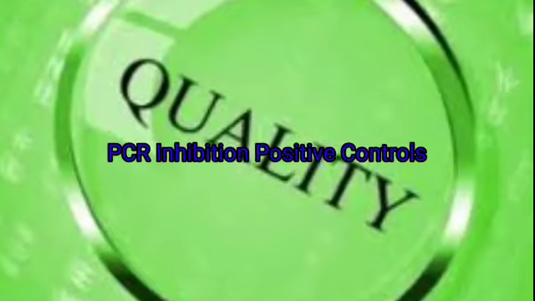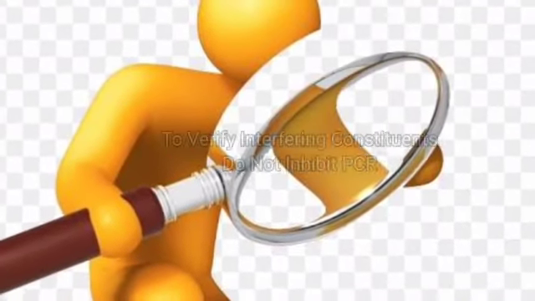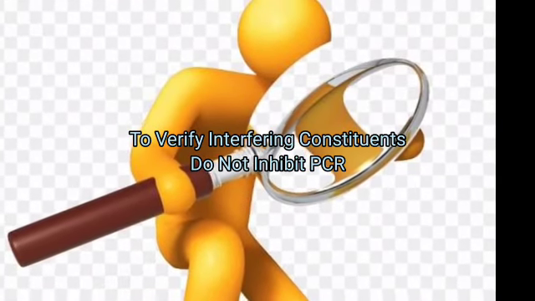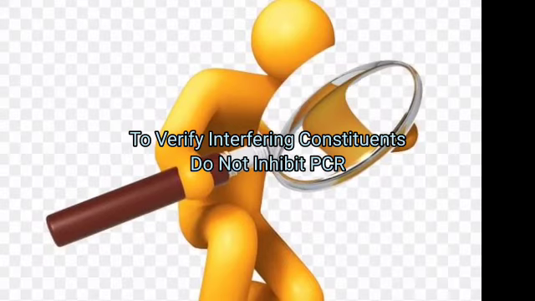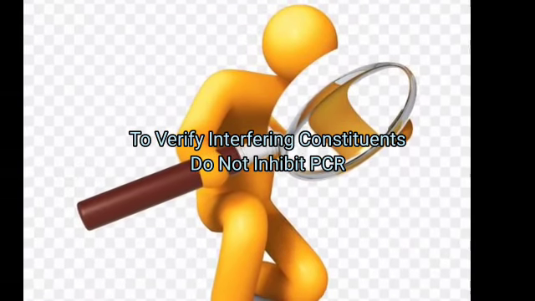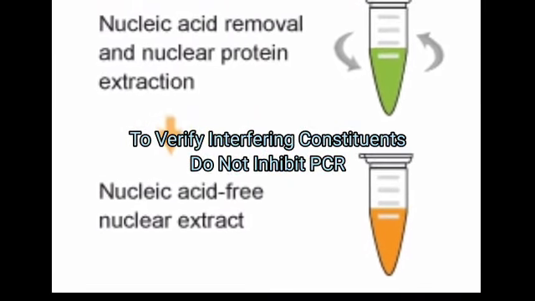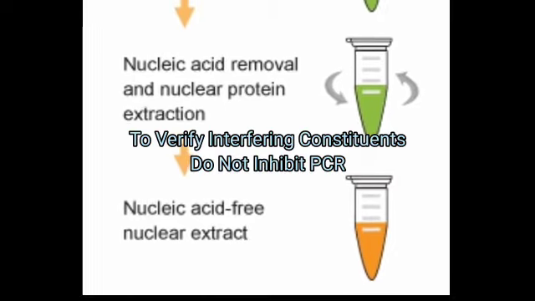The second in the category of positive controls is PCR inhibition positive controls. Inhibition positive controls are used to verify that interfering constituents from a matrix, which may be carried over during isolation of nucleic acid or organisms during sample processing, do not inhibit the PCR.